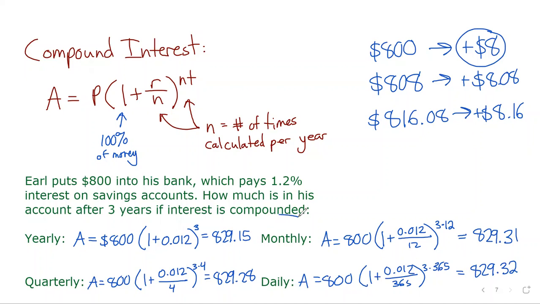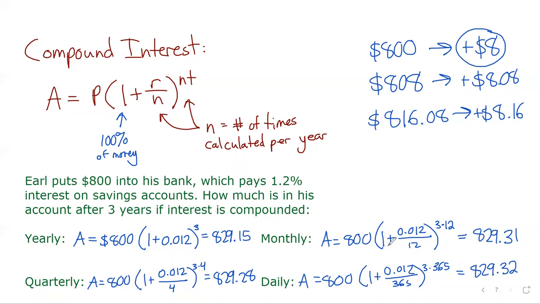That's pretty much why interest in the real world in banks is calculated monthly. To calculate it weekly or daily would use so much more computing power back in the day, so much more paper and so much more energy, but it wouldn't really make much of a difference to the bottom line.